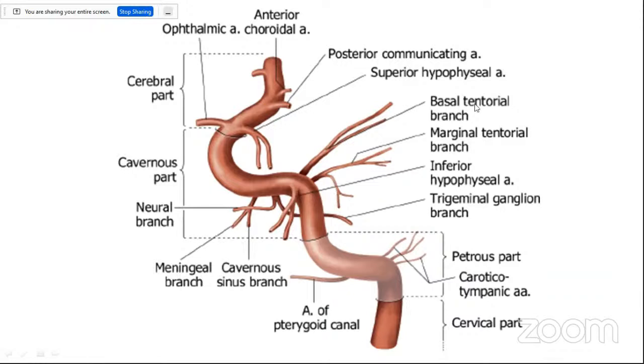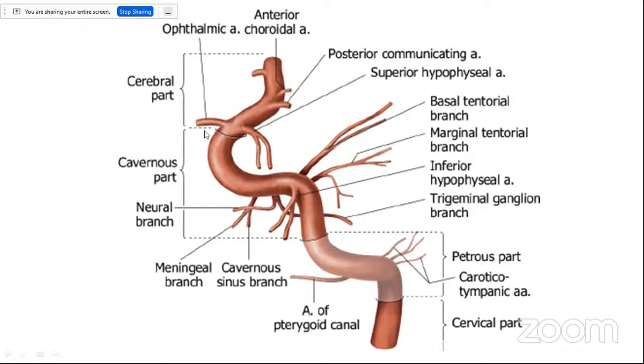For example, it gives off the tentorial branches, the basal and the marginal. It also gives off a branch which goes to the pituitary region, the inferior hypophyseal artery. It gives off a trigeminal ganglion branch, a cavernous sinus branch and a meningeal branch. Now this was the cavernous segment.